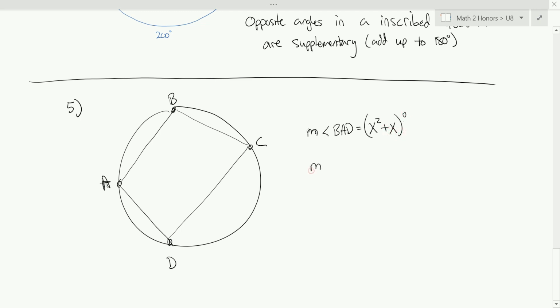And that the measure of angle BCD is going to be 2x plus 170 degrees. And I would like you to solve for x. Try it out.